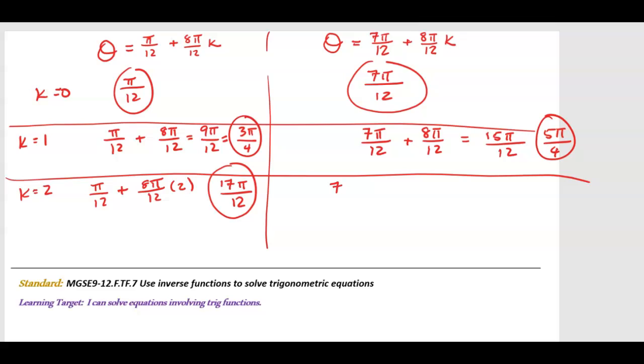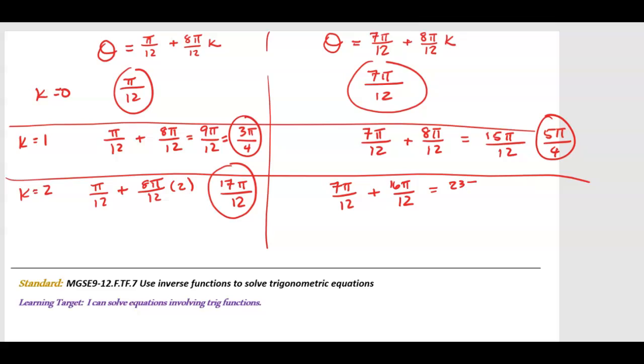So I start with 7 pi over 12 plus 8 pi over 12 times 2. So 7 pi over 12 plus 16 pi over 12, 23 pi over 12. My video maker does not want to finish this video.